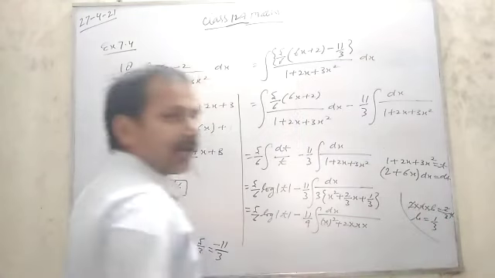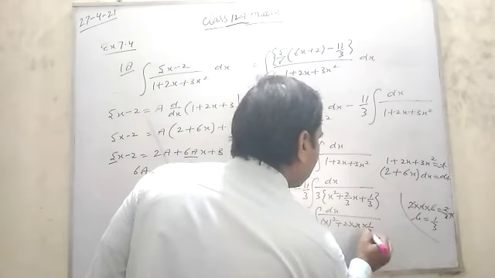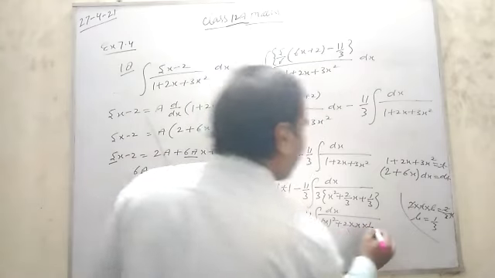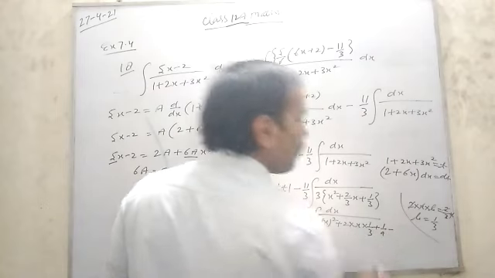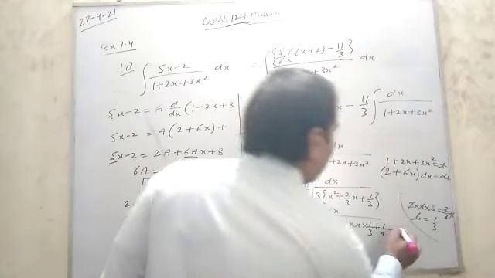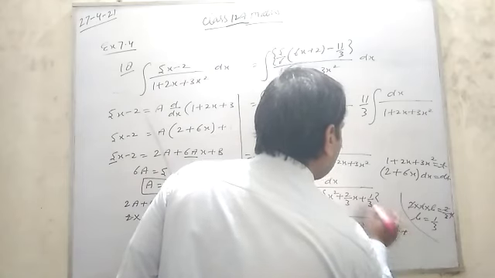So the square is added and subtracted: 1 by 3 whole square, 1 by 9, add and subtract, then 1 by 3.